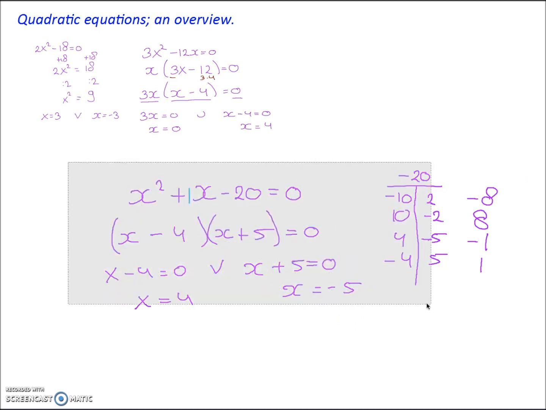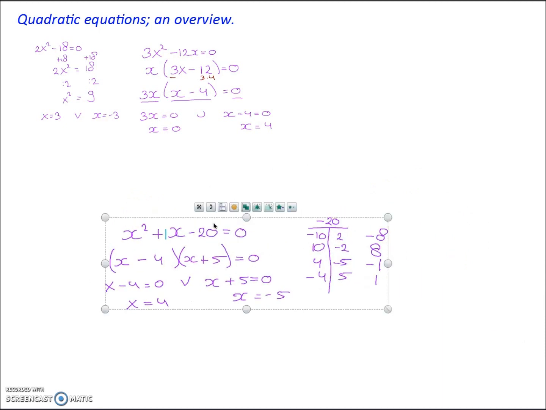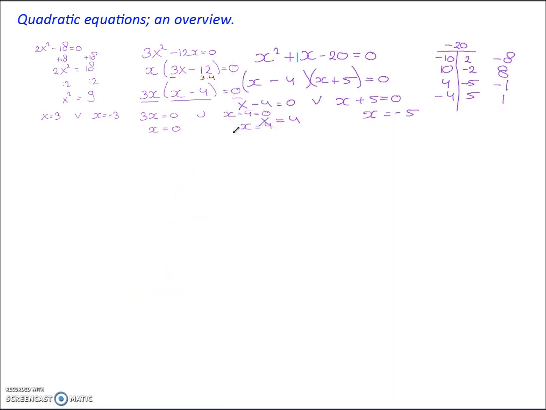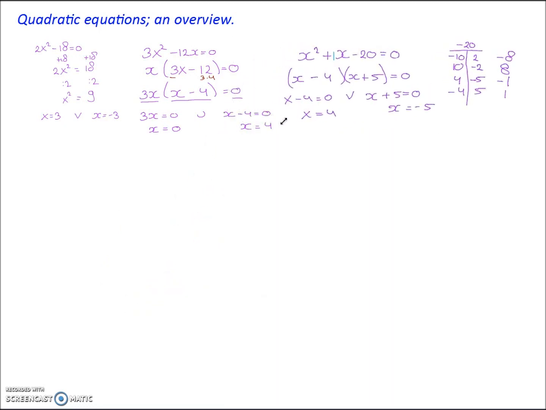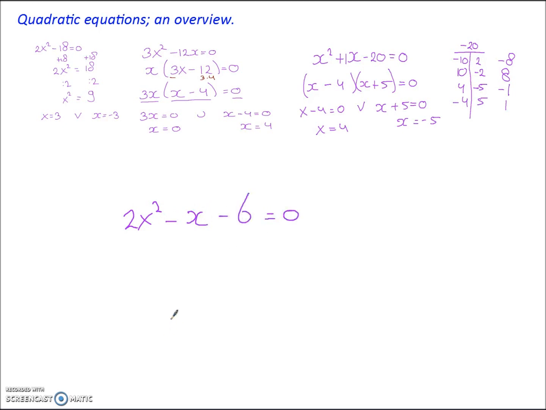So that's one more equation. And I'm moving this someplace else and write down a fourth equation. 2x squared minus x minus 6 is equal to 0.